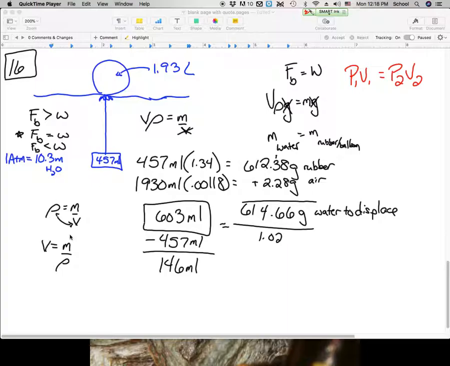Now, when the balloon is sitting right at sea level, it has how much pressure on it? 1 atmosphere, caused by the atmosphere. So we have 1 atmosphere of pressure with a volume of 1,930 milliliters of air.